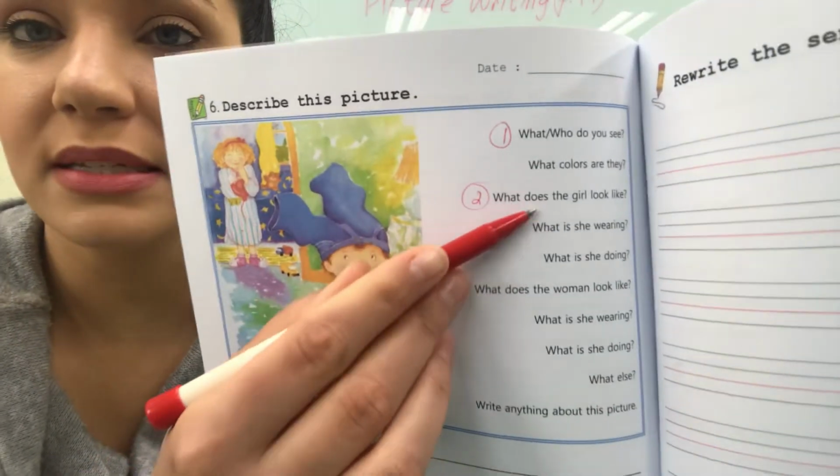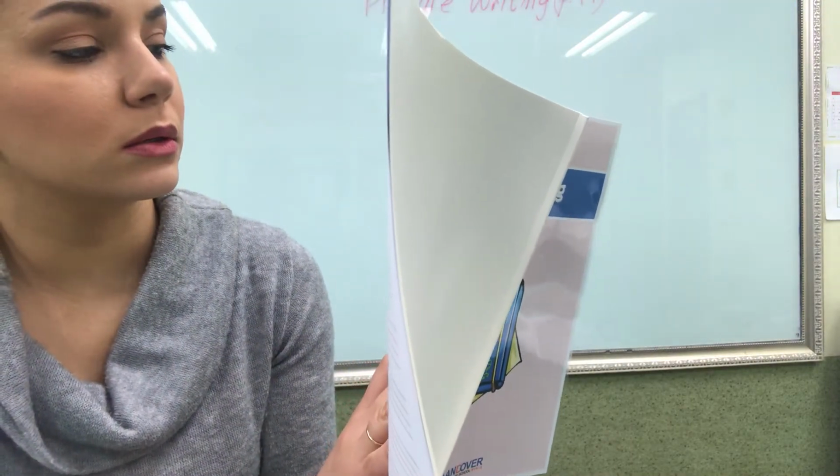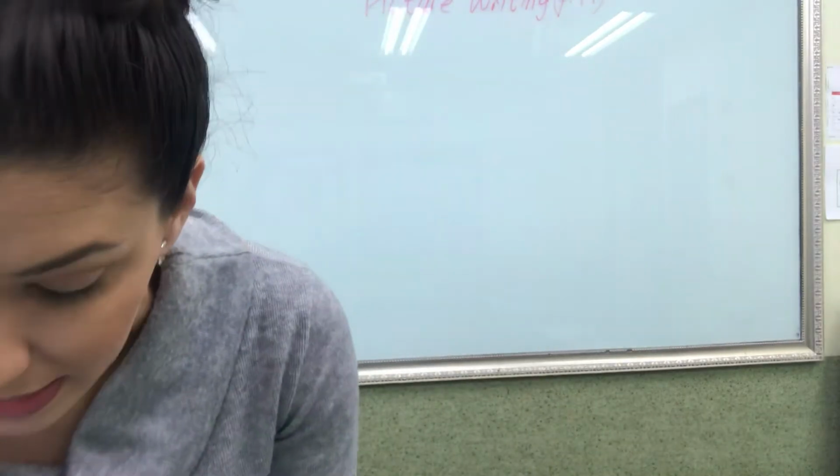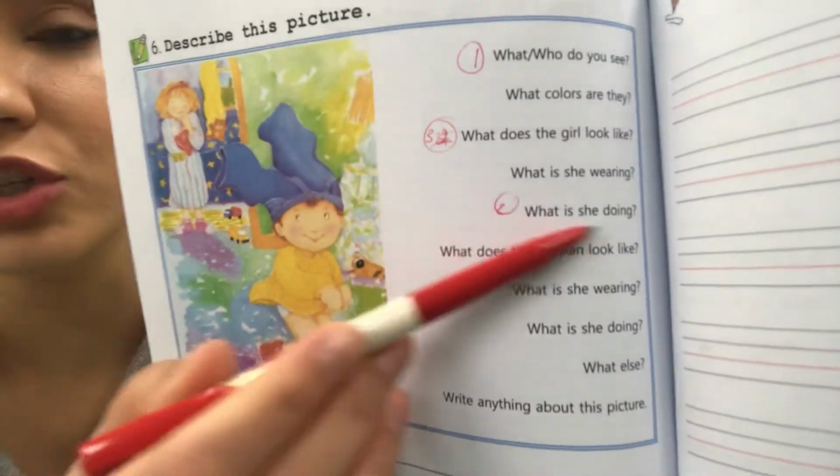Because the little girl is doing something so silly, we should say, what is she doing? And then the third one will be, what does she look like? Okay, what is she doing?